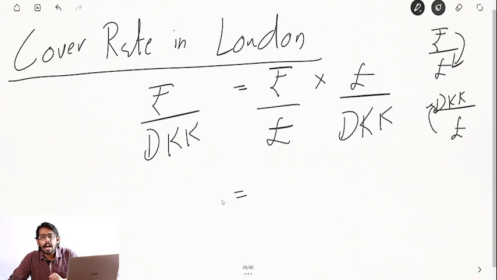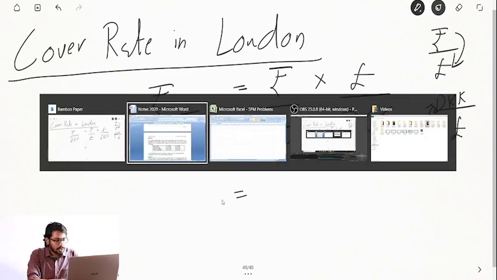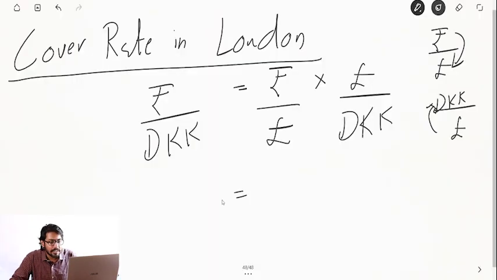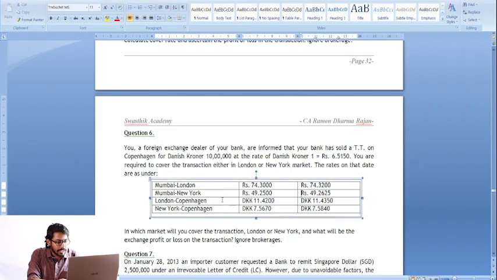Down the ask, up the bid. So for rupee by pound it is down the ask, 74.32. What we need is rupee by pound and what is given is rupee by pound, so take it as it is, 74.32. For DKK by pound it is up the bid, so the rate to be taken is 11.42.